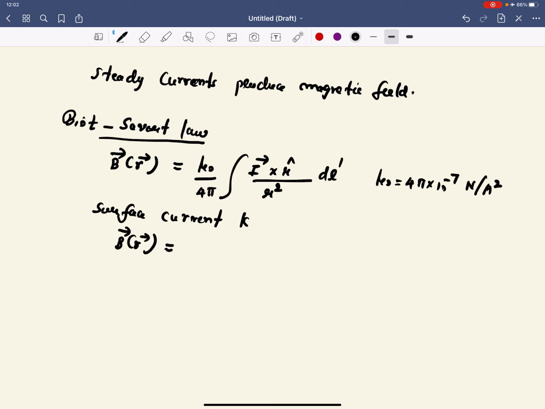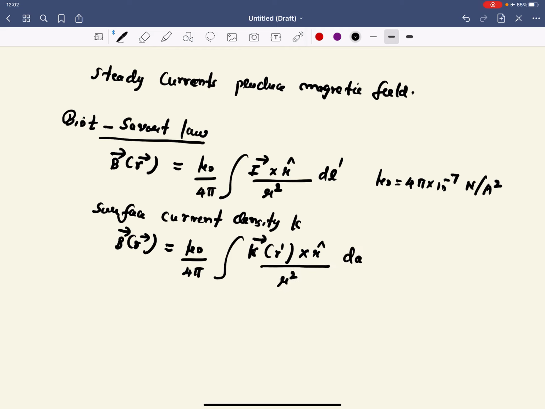It looks like this: B of R is mu 0 divided by 4 pi integral of K of R prime cross the separation vector R hat over R square, into the area element da prime, because we are interested in finding the magnetic field due to a surface current density.